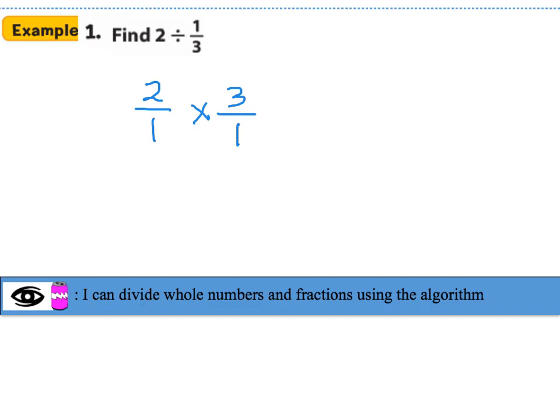Then we're going to think to ourselves, can I cross cancel? I can't. So I'm going to just multiply across. And when I multiply 2 times 3, I will get 6. 1 times 1 in the denominator will give me 1, and that becomes 6 whole.